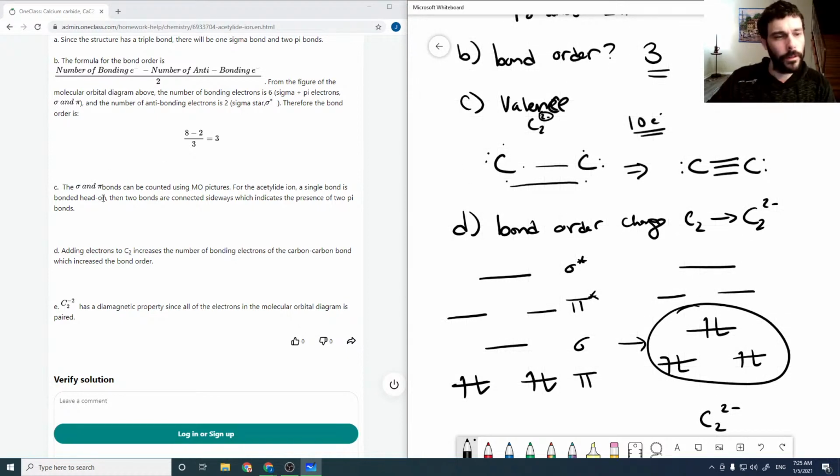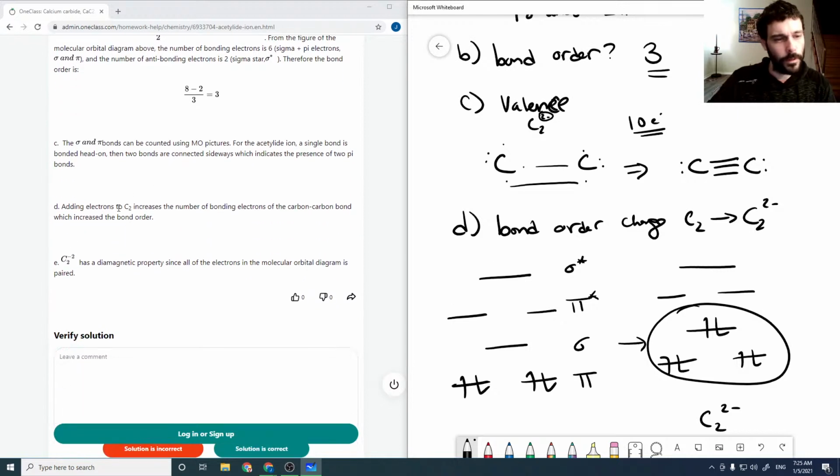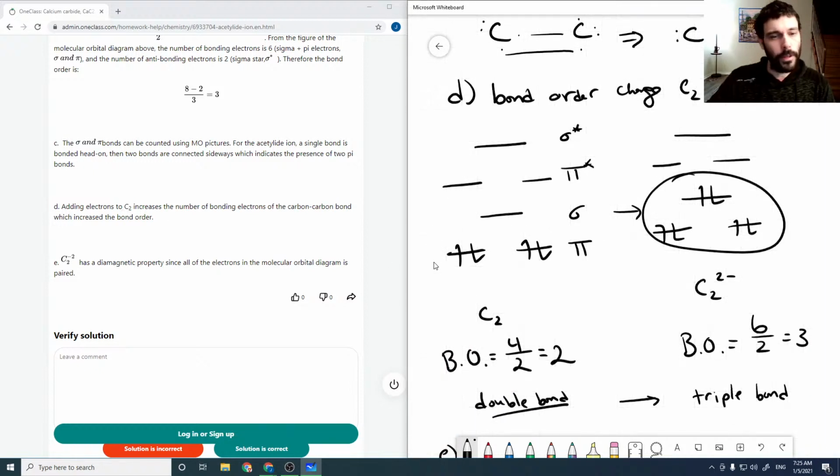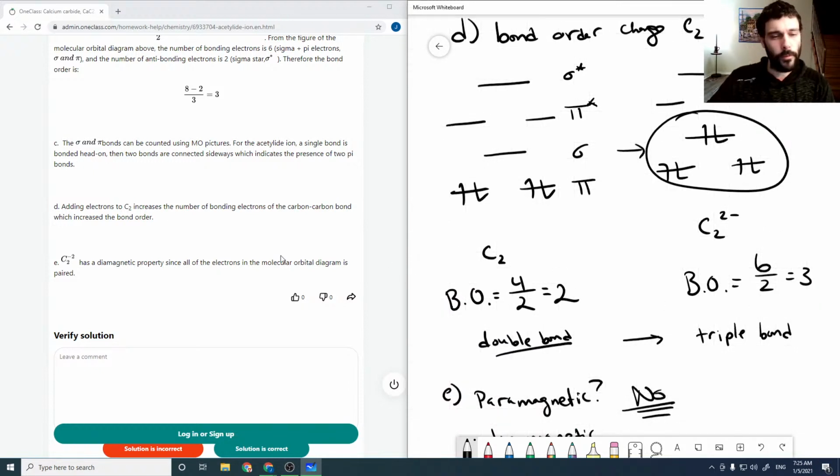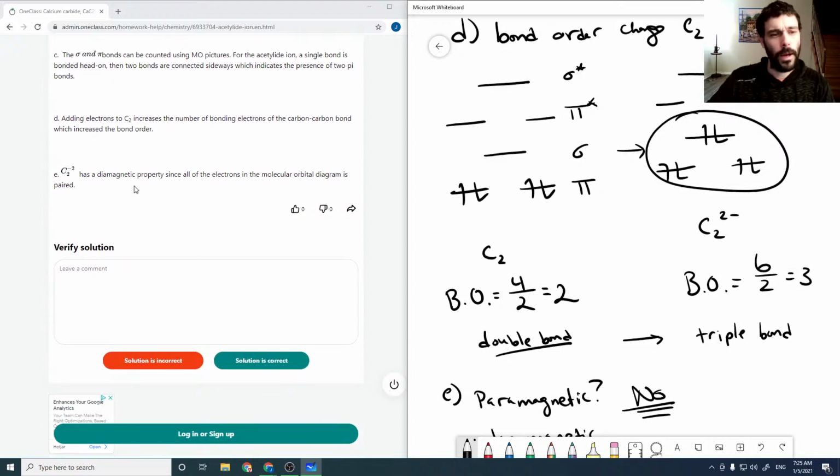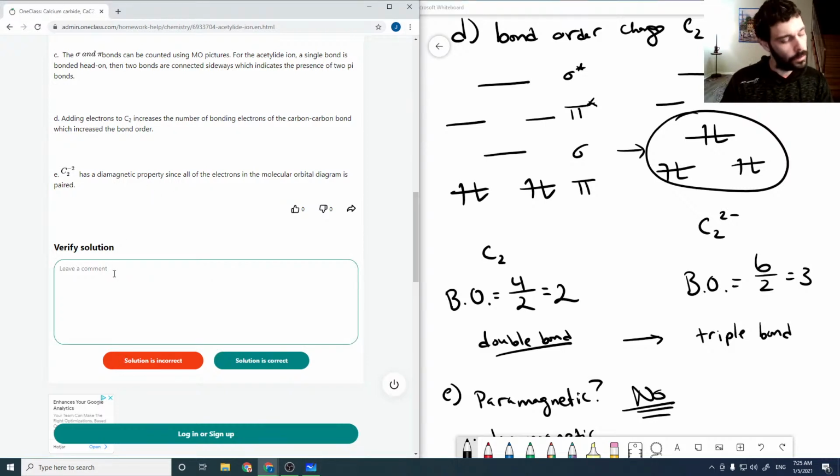Valence bond theory gives us 3. I don't know what they're saying there, but that's okay. So adding electrons increased the bond order. Specifically, we went from 2 to 3. And C2 2-minus is diamagnetic since they're all paired. That looks good.